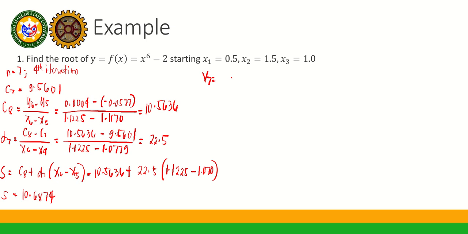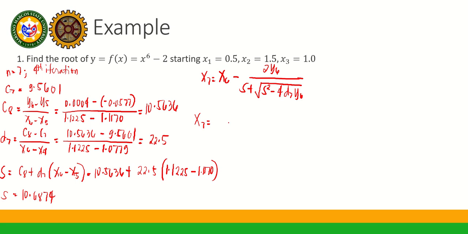And now let's compute for x sub 7. X sub 7 is equal to x sub 6 minus 2 y sub 6 all over s plus the square root of s squared minus 4 times d sub 7 y sub 6. Okay, so plug in na natin yung values.